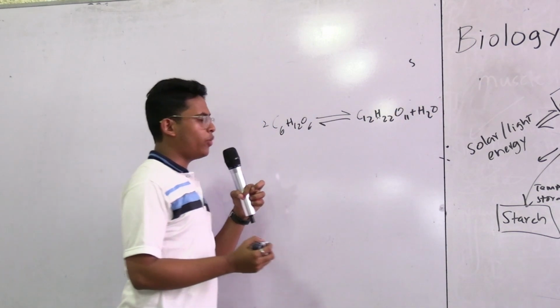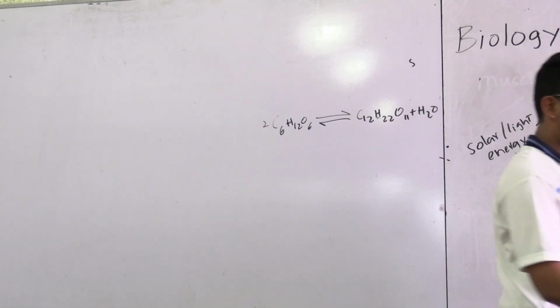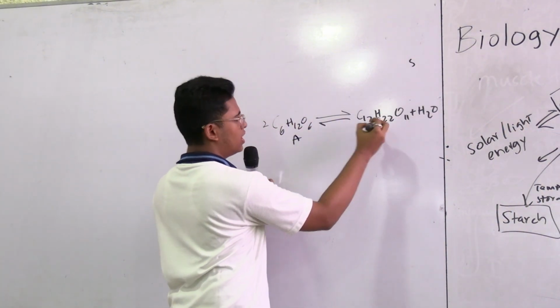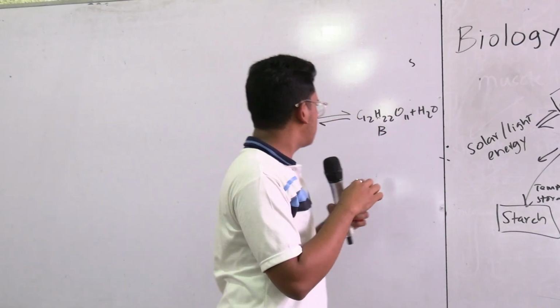So this is the equation, and they're asking to select the option that gives appropriate examples for A and B in the above equation. So this is A, this is B. This is not related to photosynthesis, but we'll still attempt this question.